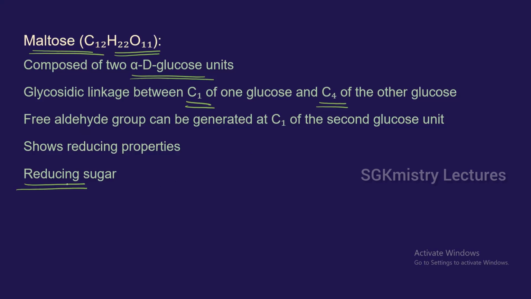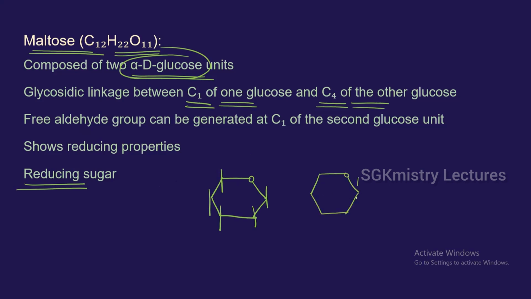Now let us try to write the structure of maltose. Okay, so here C1 of one glucose, C4 of another glucose. So we are going to take alpha D glucose units, both the alpha D glucose units. So let me write the structure of alpha D glucose, two such alpha D glucose. Then we are going to join the two carbons C1 and C4. Okay, so here alpha means OH is below, H above.